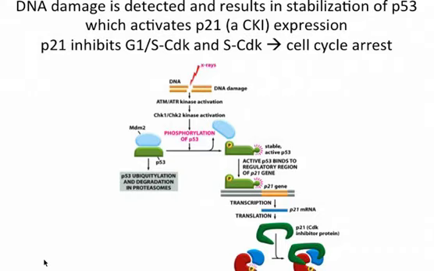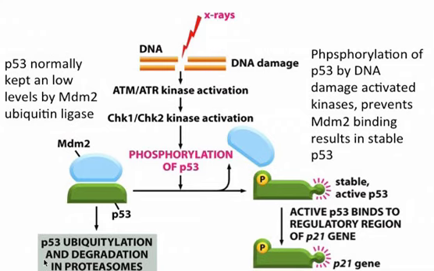Okay, so let's just go through this a little bit more closely. Normally P53 is kept at really low levels by MDM2, a ubiquitin ligase, and when you phosphorylate P53 by these DNA damage activated kinases, CHEK1 and CHEK2, then it prevents MDM2 binding, and if the ubiquitin ligase can't bind to its substrate, then it can't degrade its substrate, so now it's going to be stable.